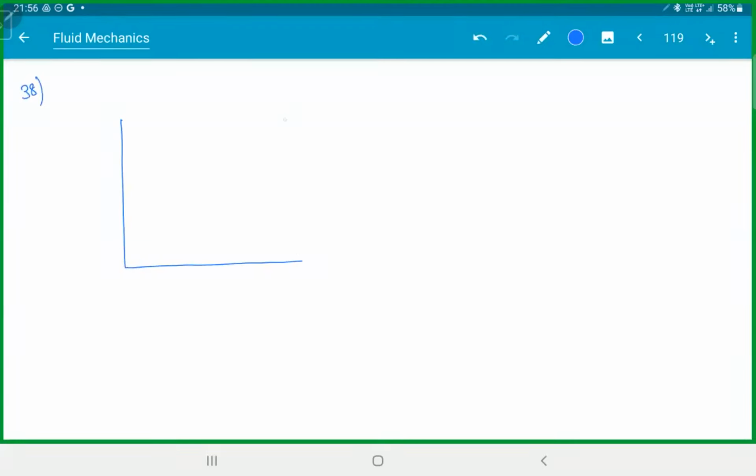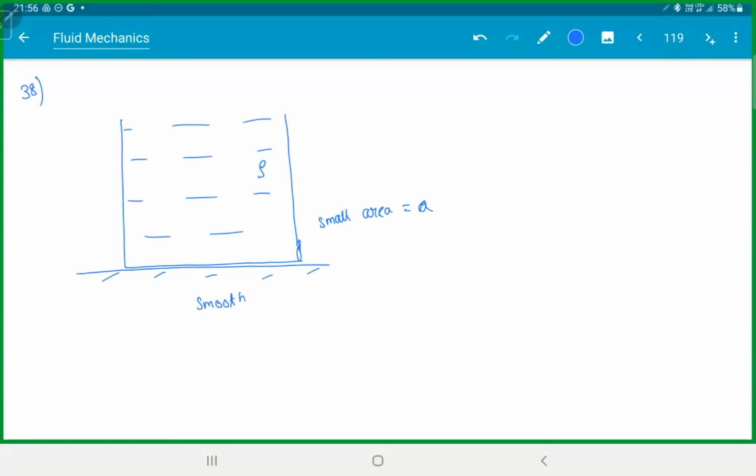Let's say we have a container here. We have a hole here. You place this on a smooth ground. Density is rho. Area is A. Height is H. It is a sealed container, so water will come out.